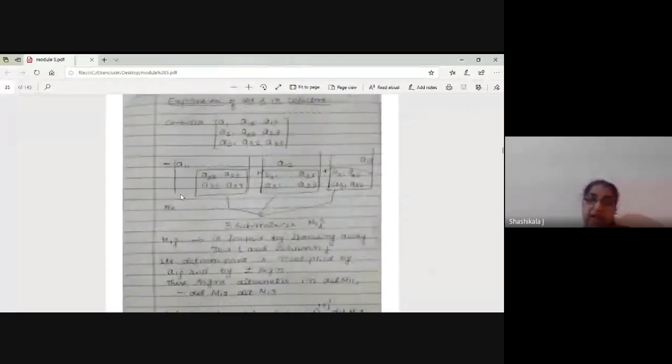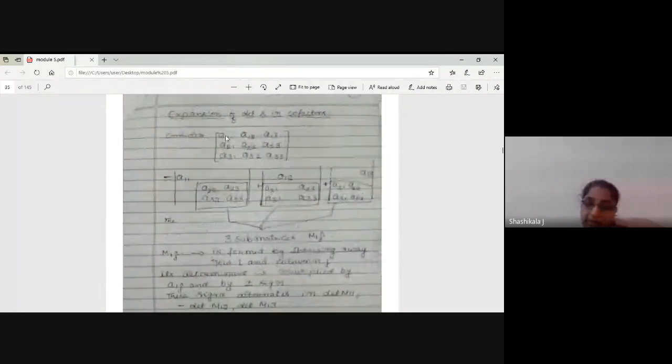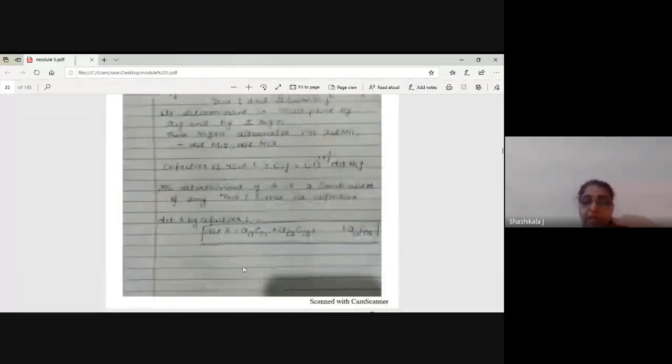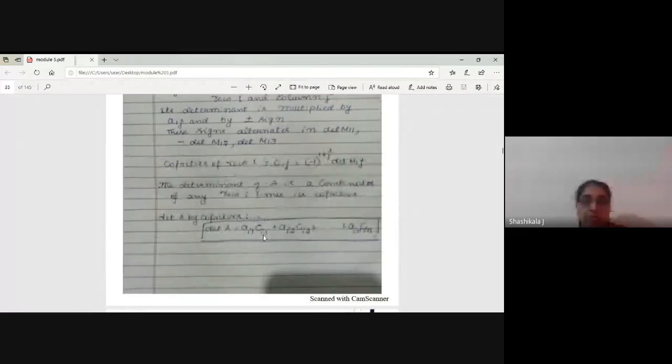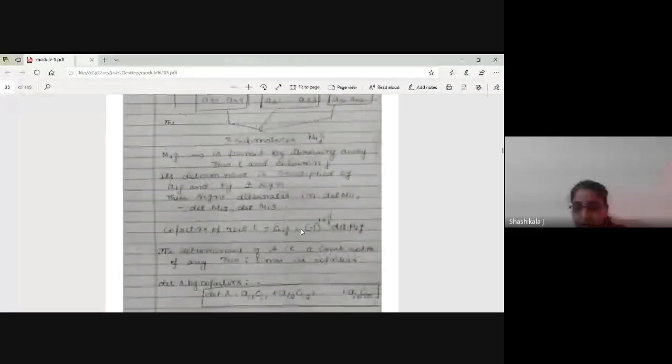So it is A11, the element A11 that you have to write, and the cofactor of 1J. The sign changes, plus minus plus, will be taken care of by minus 1 to the power of 1 plus J into determinant of M1J.